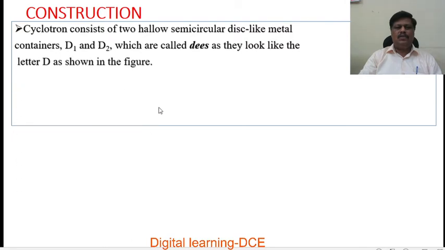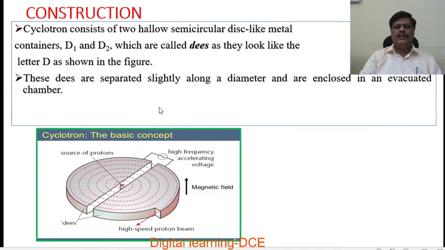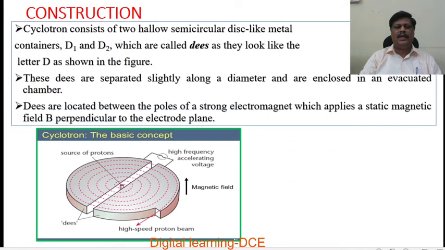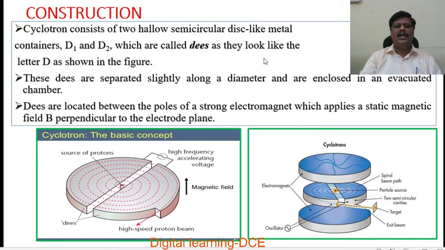Cyclotron consists of two hollow semicircular disc-like metal containers D1 and D2, which are called Ds as they look like the letter D as shown in the figure. This is one D, a hollow semicircular metal container in the shape of the letter D, and this is another D placed opposite to D1.